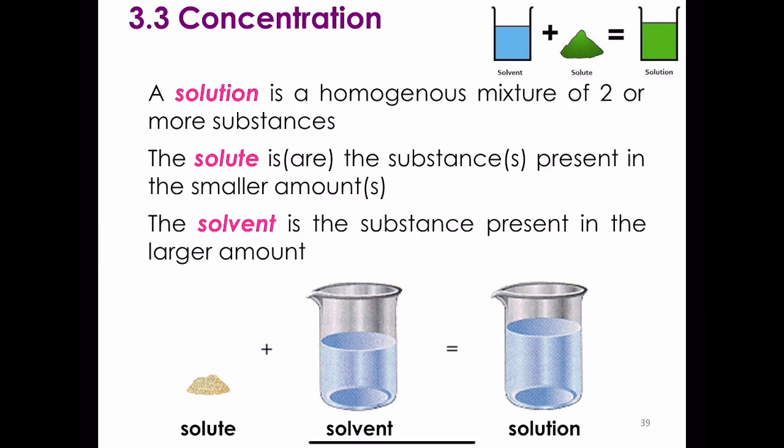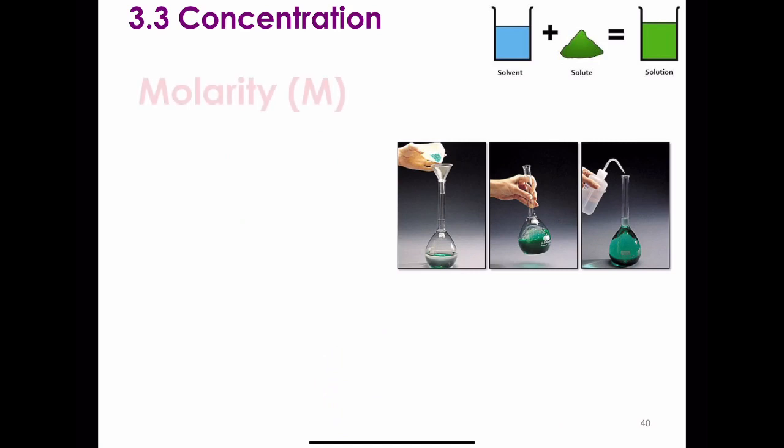So usually solvent is actually pelarut. And then we put them together, kita akan dapat solution lah. Basically, kalau kita nak buat air Milo, serbuk Milo is solute, air is the solvent, and air Milo tu sendiri adalah solution.